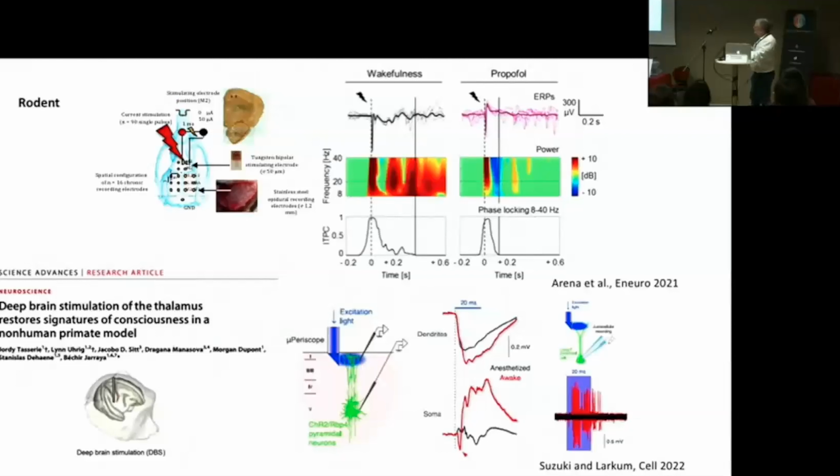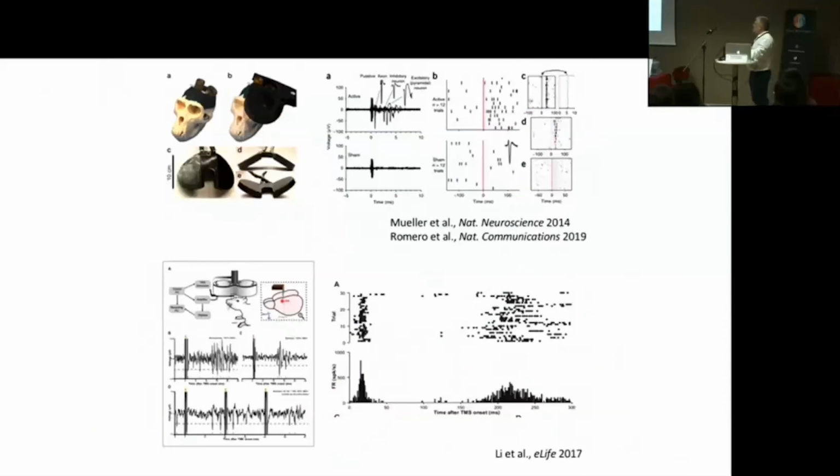These are studies done in anesthesia in monkeys and mice, and it's a way to say we still need animal research to deeply understand the mechanisms behind the loss, for instance, of complexity and consciousness in humans.